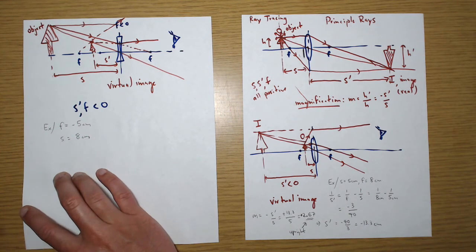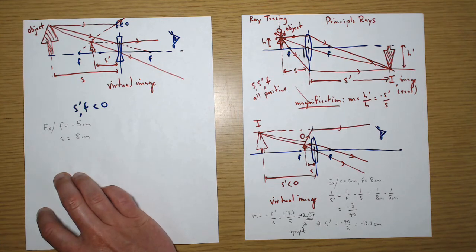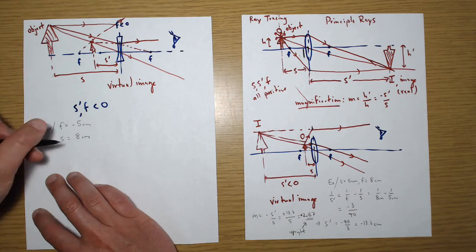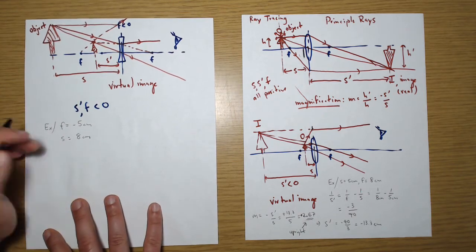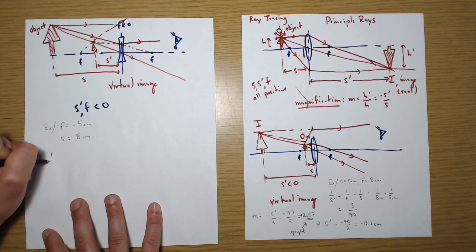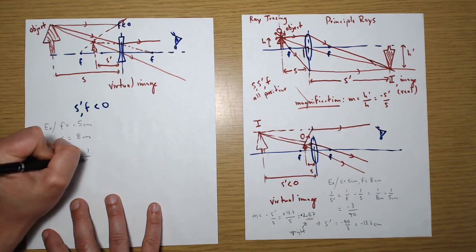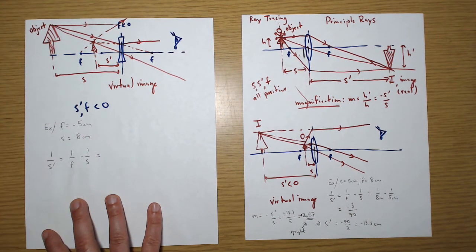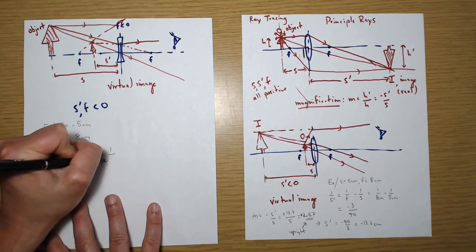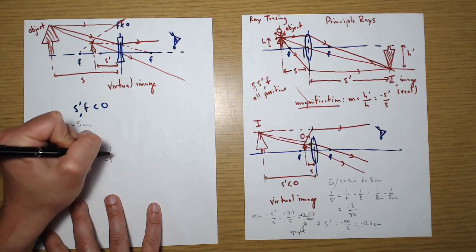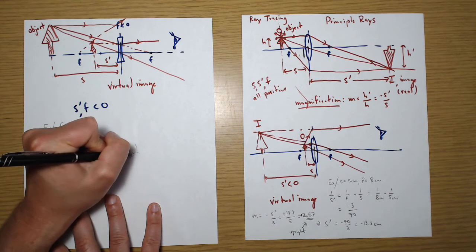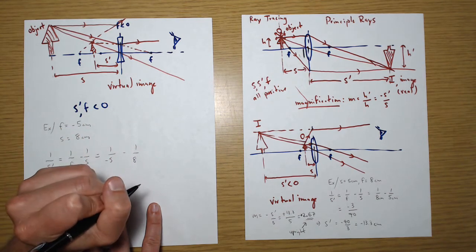All right, so what we want to try to figure out here is the image distance and the magnification. So I'm going to use the thin lens equation. Solving for 1 over s prime, I get 1 over f minus 1 over s. So this equals 1 over negative 5 centimeters minus 1 over 8 centimeters.